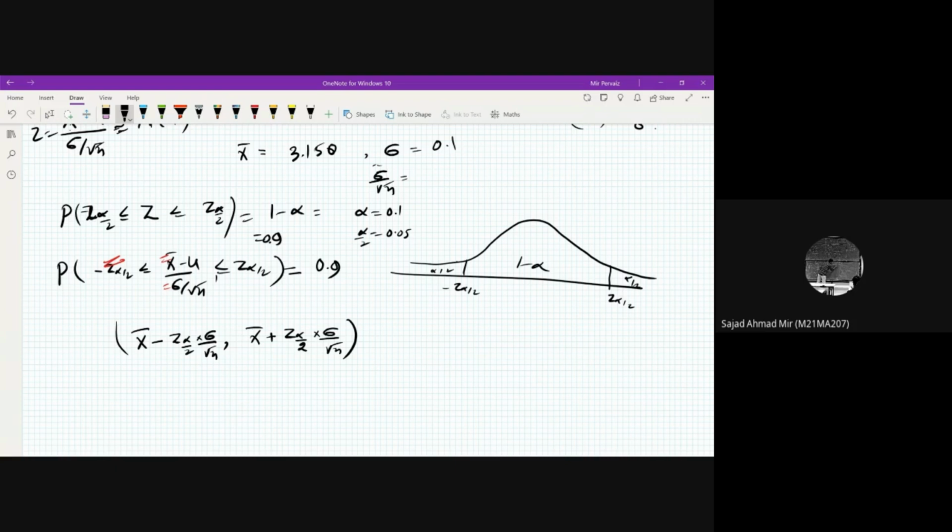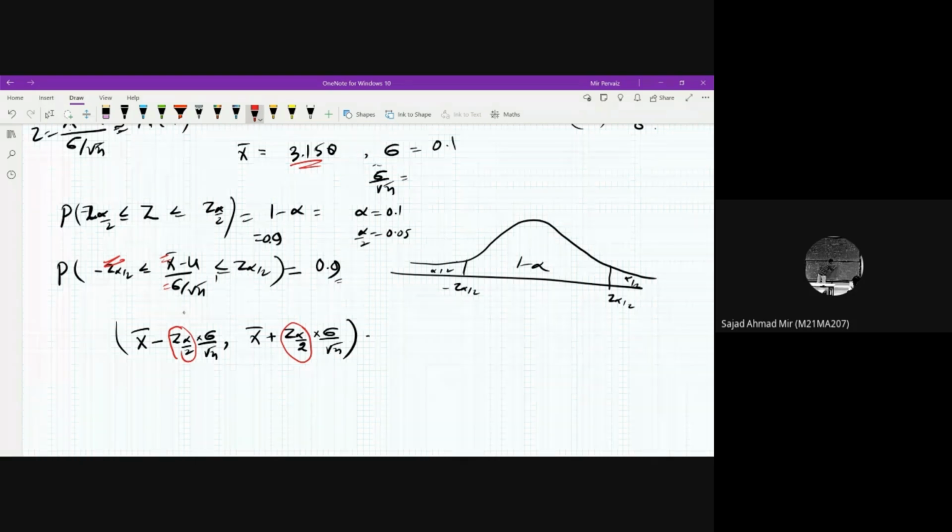This is your required confidence interval. This is the 90% confidence interval we are looking for, because 1 minus alpha is 0.9. All values are given: x bar, sigma, and root n. What is missing is z alpha by 2, which you have to look up from the table. If you know this value, then your interval is done.